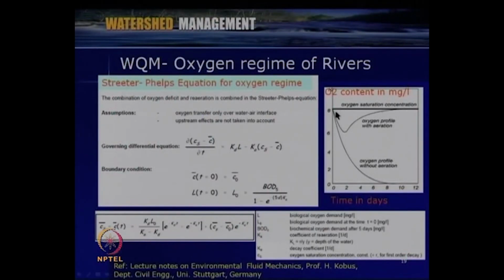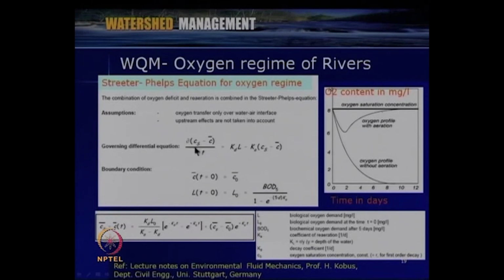This we can represent in terms of dissolved oxygen. The combination of oxygen deficit and reaeration we can combine in an equation called the Streeter-Phelps equation. The assumptions used in the derivation of this equation include oxygen transfer only over the water-air interface, and upstream effects are not taken into account.